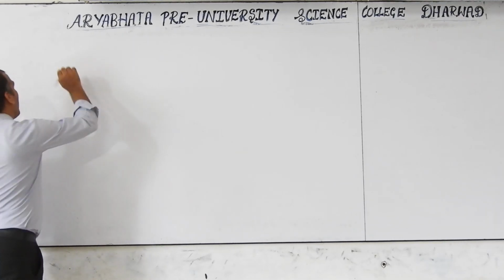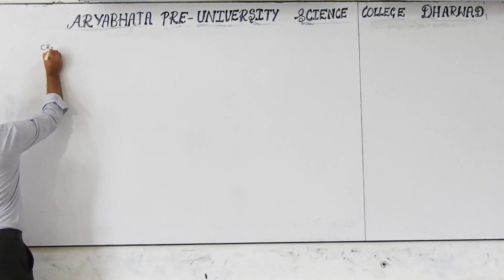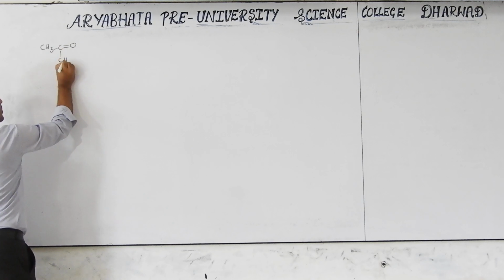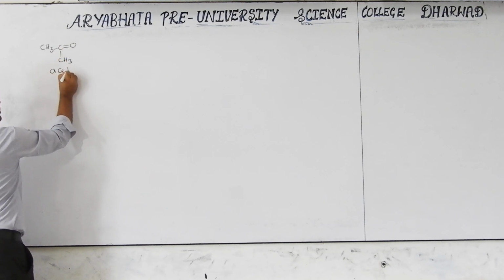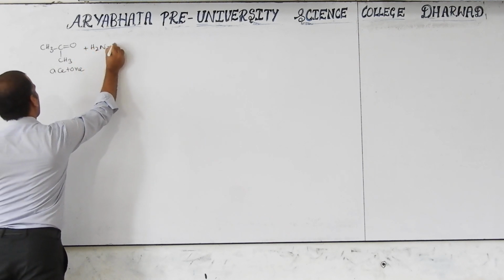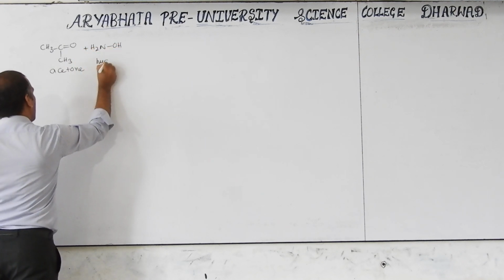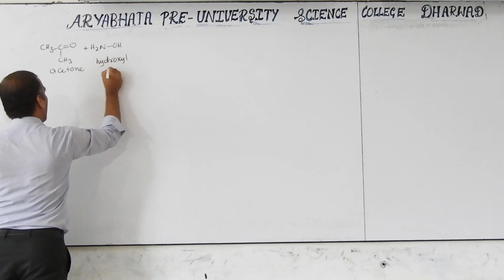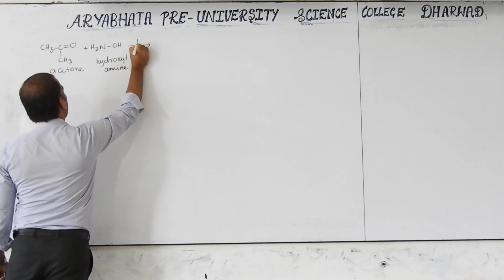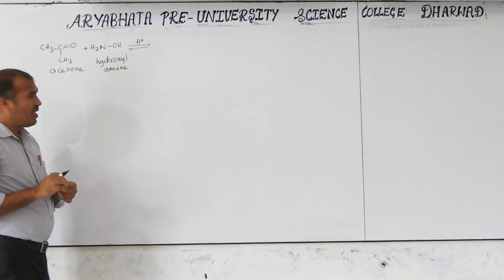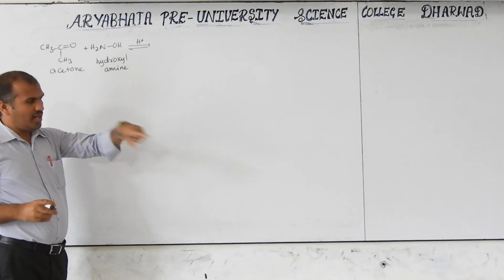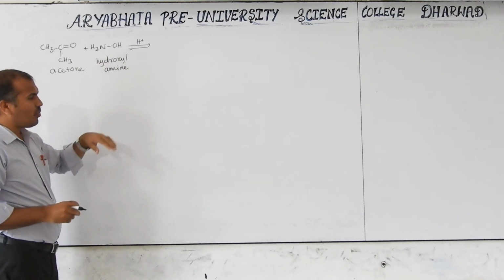Okay. Now if you take acetone, this is CH3 C double bond O CH3. This acetone reacts with NH2OH hydroxylamine. Keep in mind, generally these hydroxylamine products are called oximes.